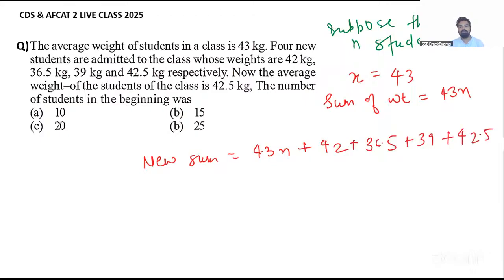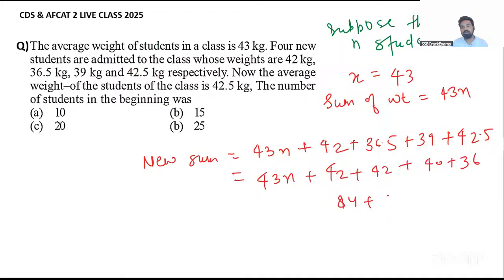Add them together. What will you get? 84 plus 76 plus 53 and so on, which gives 160. Plus 43 n. It is the new sum.